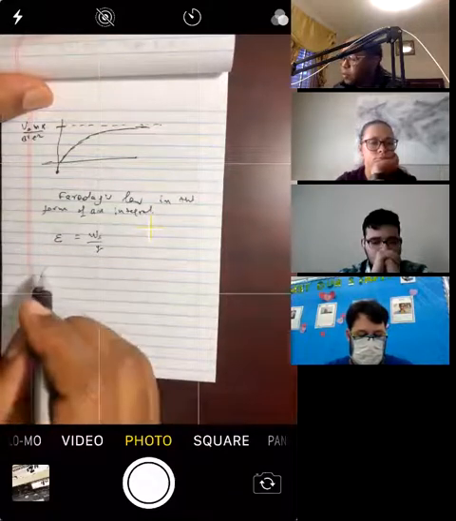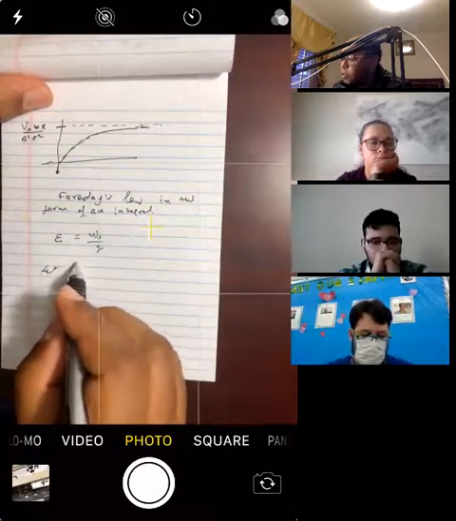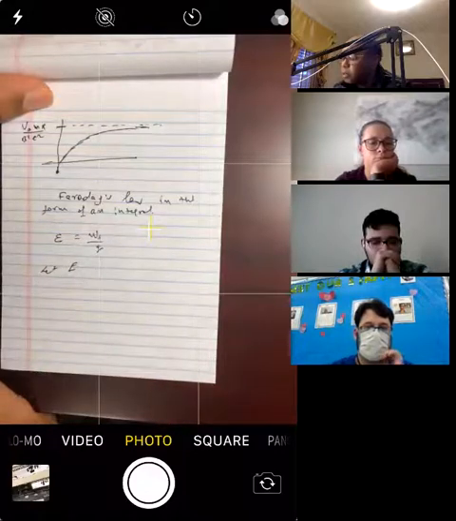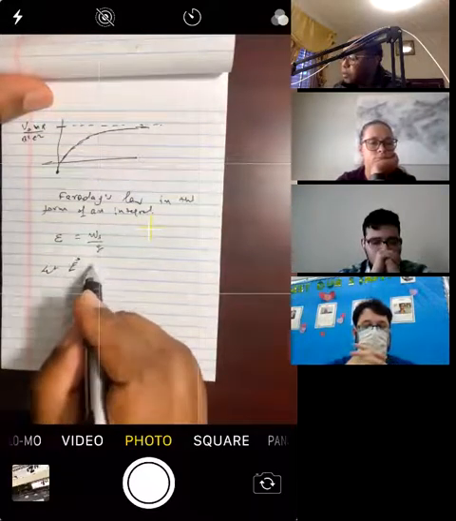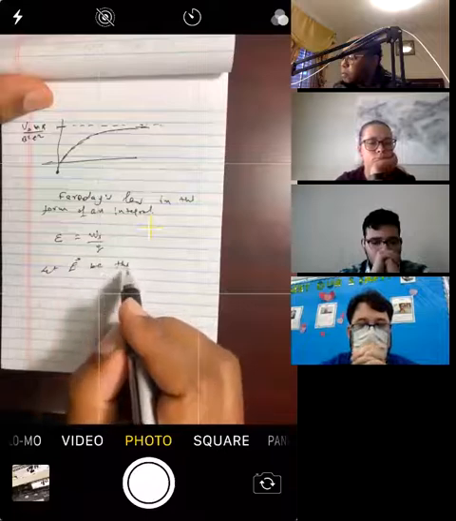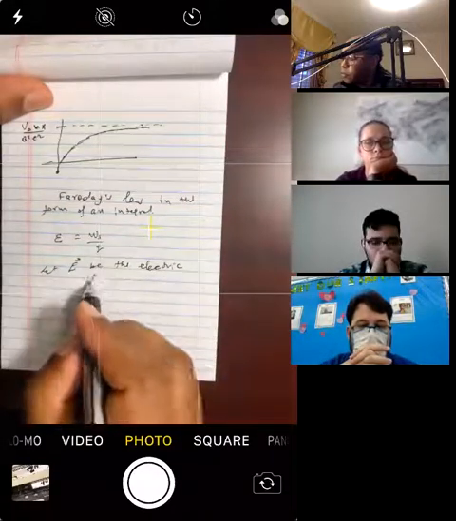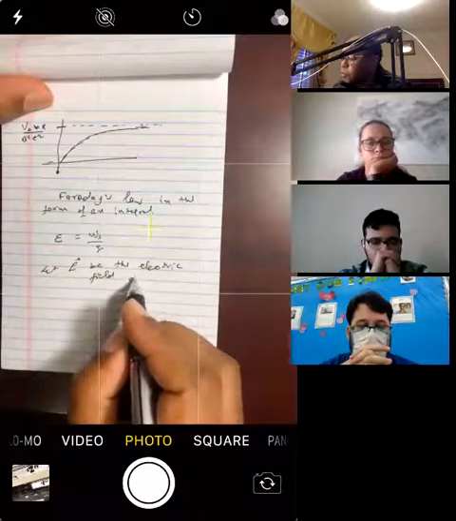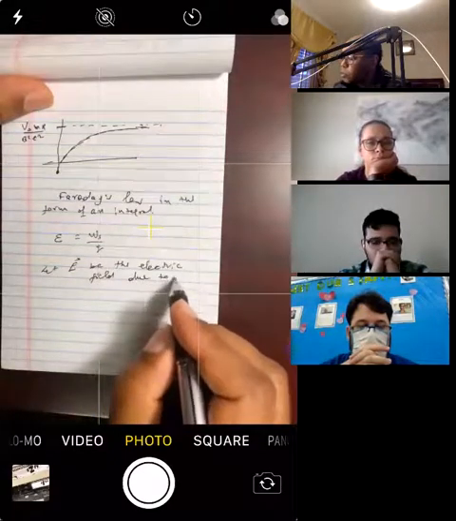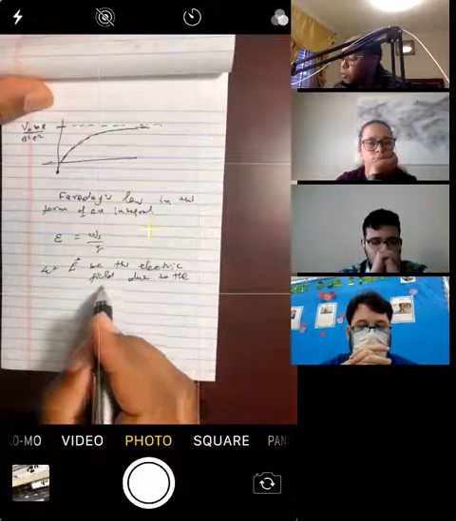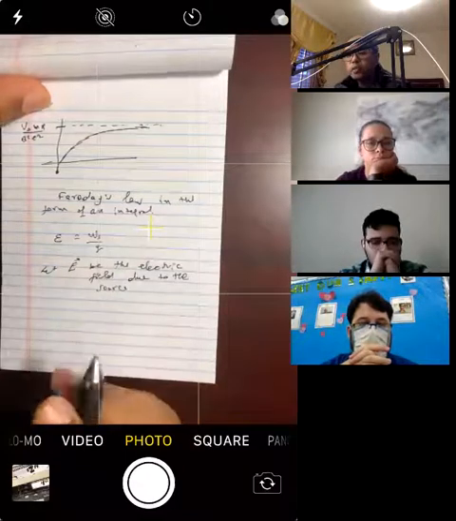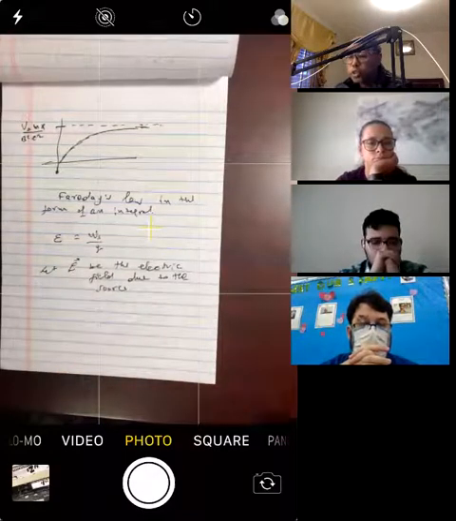Okay, so I wish I could say E_S, but I'll just keep it as E. Okay, let E be the electric field due to the source. Okay, this is different from the kind of electric field you get by separating charges. That's the electrostatic field.